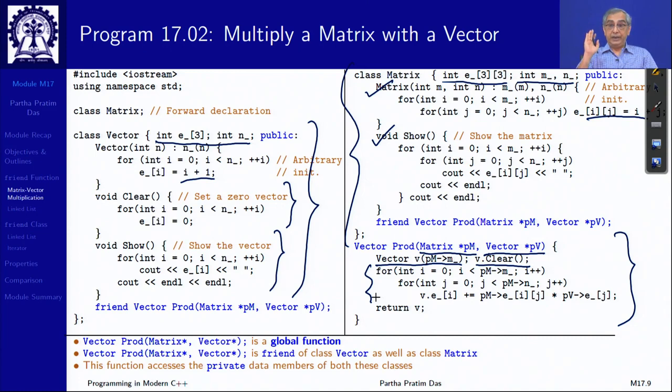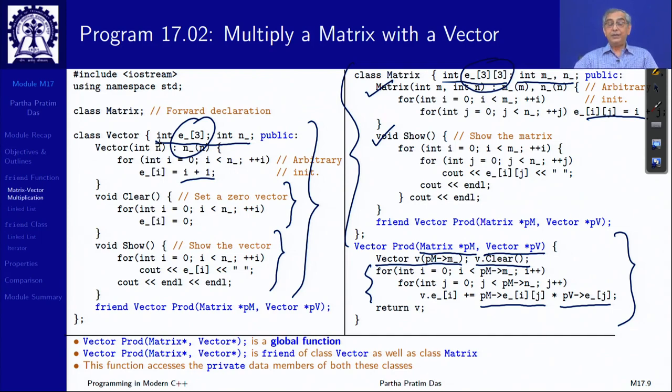Now, the issue here is this function needs to access the element here of matrix, which is private. It also needs to access the element E of the vector, which is private.